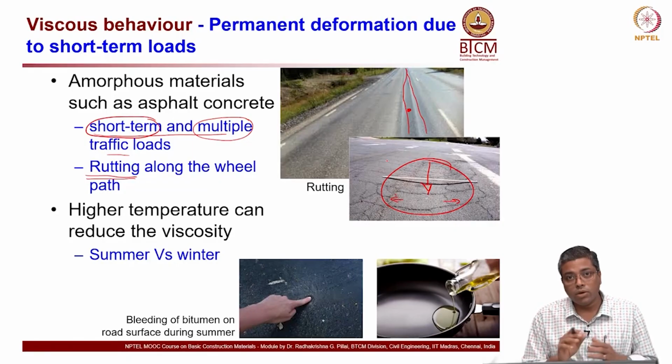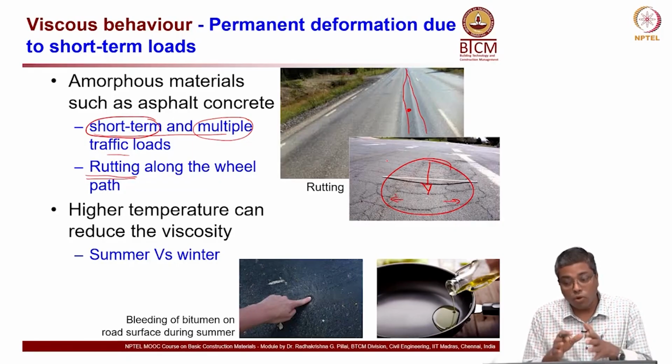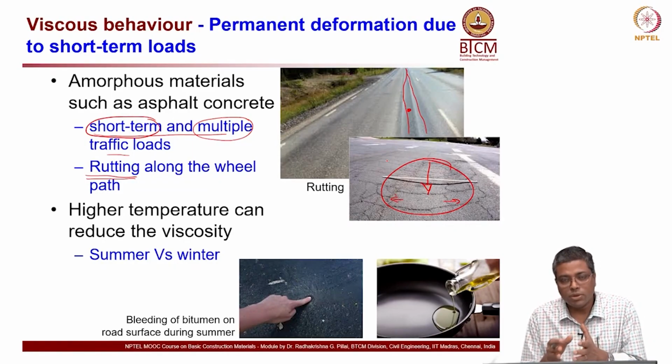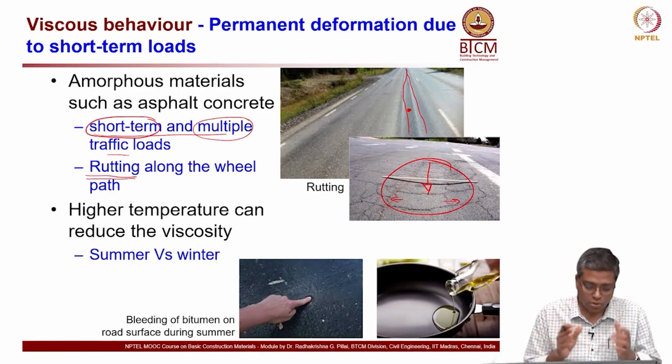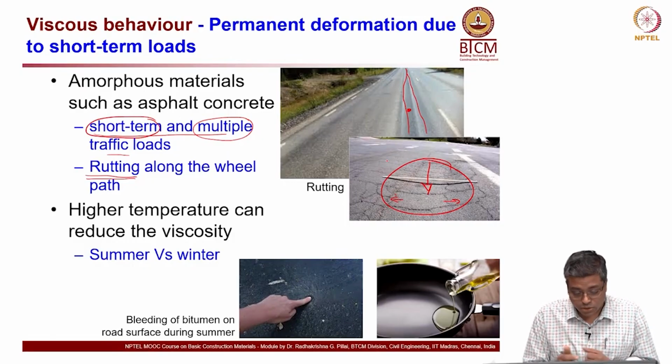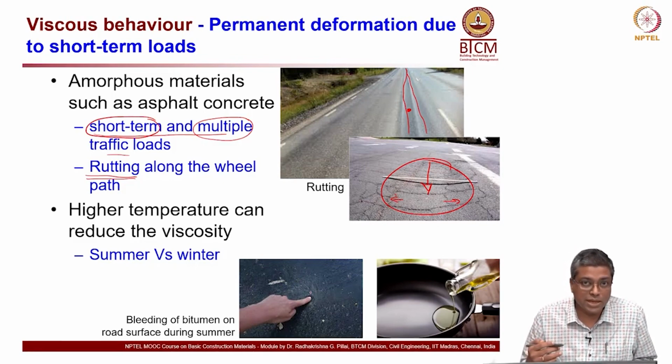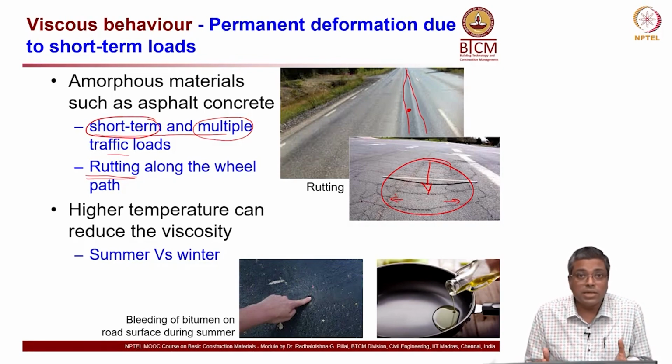That means during summer the speed of the flow will increase as compared to winter. And because this flow is easier, or the material becomes less viscous, it might even bleed and flow upward on the road surface.